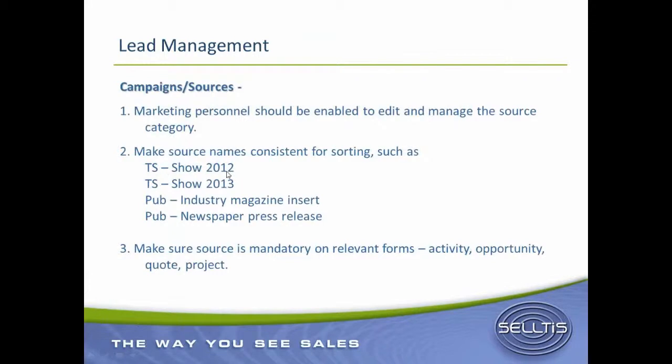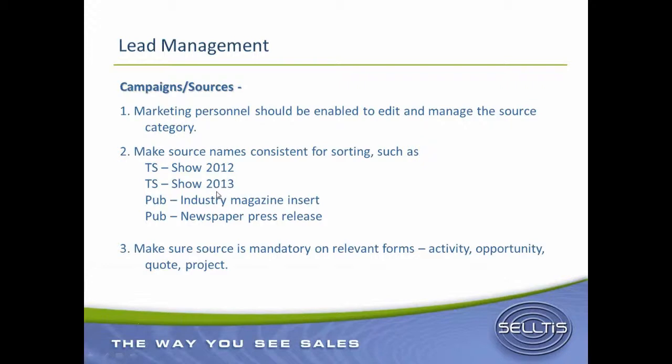So, for example, I recommend that you name your campaigns in Selltis in that source file, something akin to this, where we are able to quickly take all of the trade shows and filter for them. So we could say, let me see all of the leads where the source starts with TS. And that way I could see all of the trade show leads and then break them down individually for whatever shows you did at a particular time. Does that make sense to you guys?